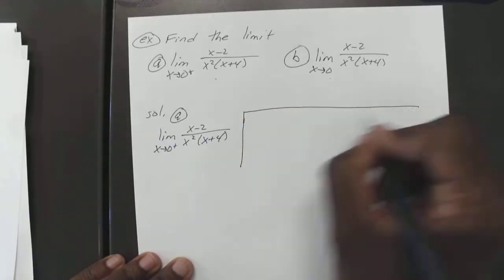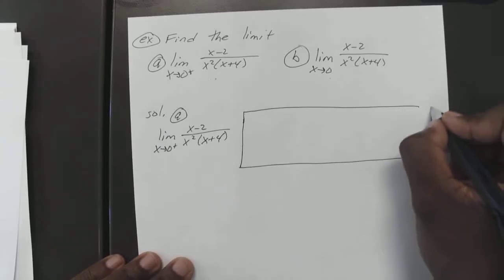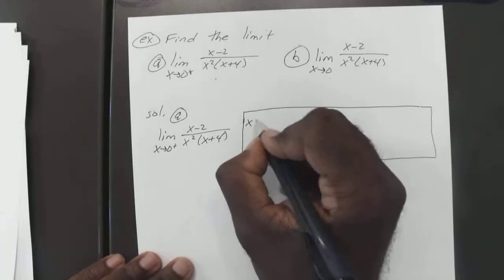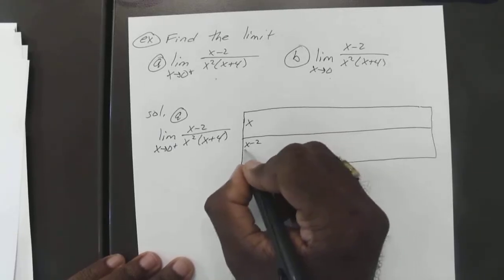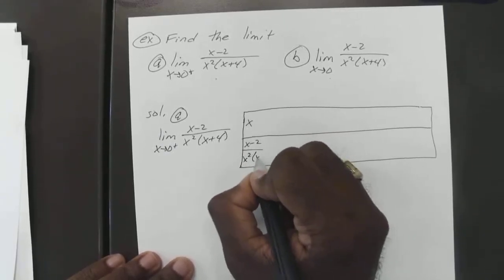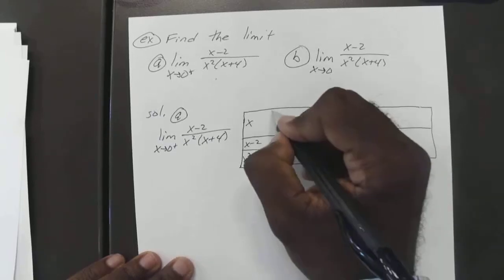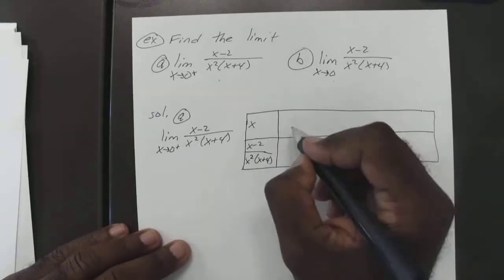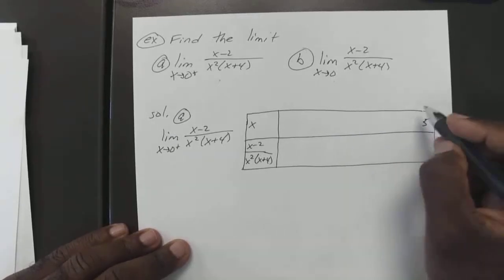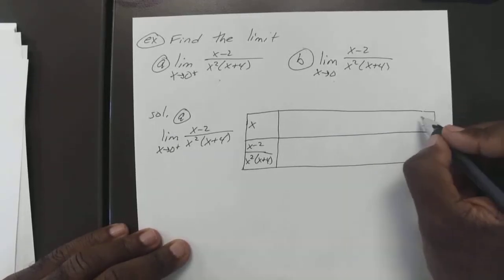Go ahead and create our value table. So you have x and x minus 2 over x squared times x plus 4. Okay, so as you get closer and closer to the right, let's say we have 5. You don't have to start this far.